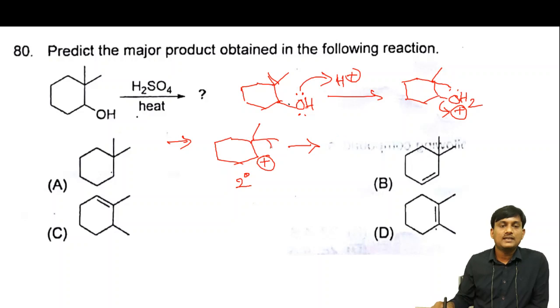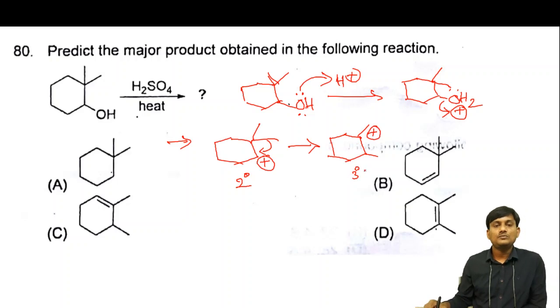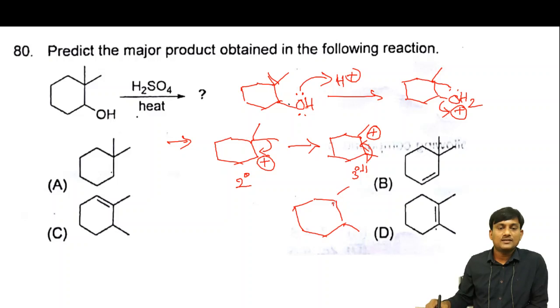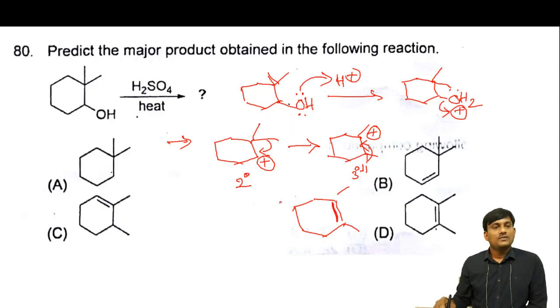So when you migrate the methyl group to this position, you will get the more stable carbocation, that is tertiary carbocation. From this there is a removal of hydrogen. So simply you will get a more stable, more substituted alkene. So what is the correct option? D is the correct option.